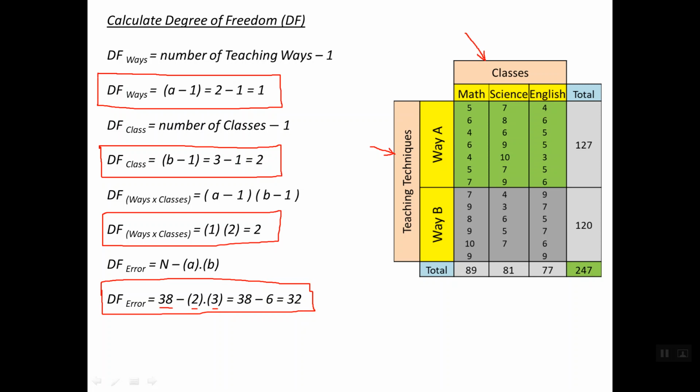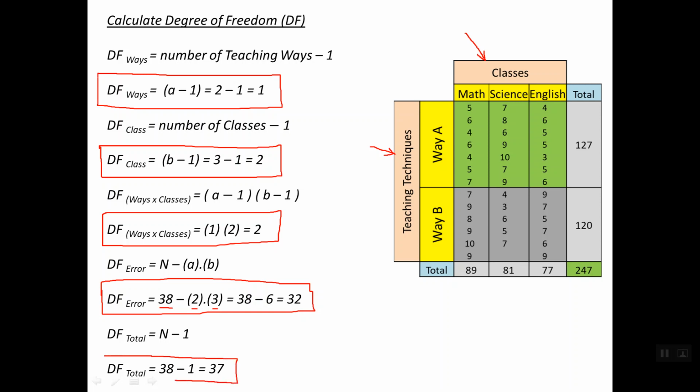And simply we can calculate the total degree of freedom by subtracting 1 from the total observations. So capital N is 38 minus 1, so we have 37.